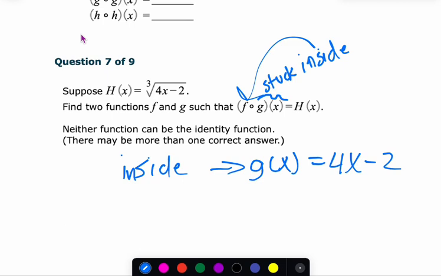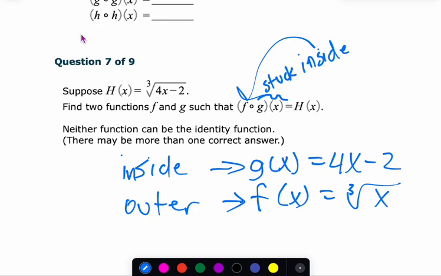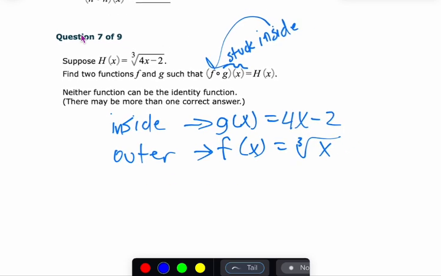I'm a little lost. I'll show you in a second. The f function is the outer function. So it's the cube root. Because f came on the outside, that came first, that's your outer function. g is the thing that's stuck inside of it. And how do you check that you're right?